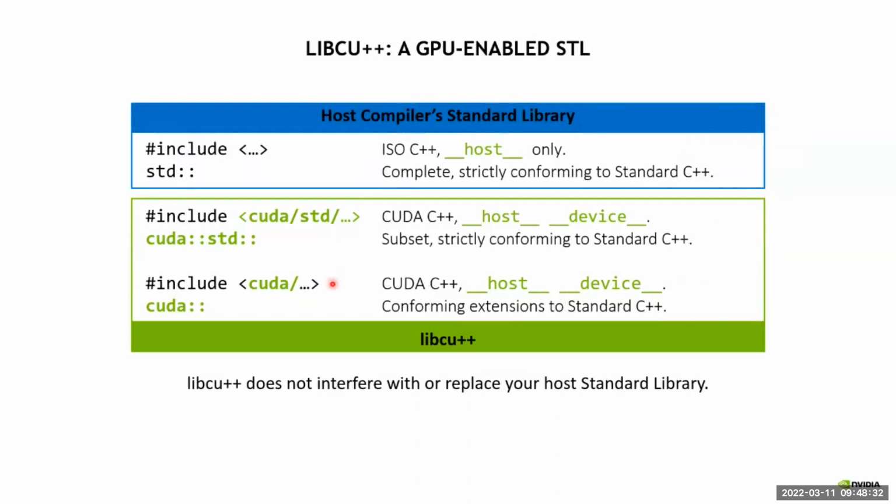And there are two ways you can use it. There's the strictly conforming version where you have cuda::std:: and then whatever feature you want. Or some of them, and particularly some of the atomics, have some extensions that are not strictly conforming to the C++ standard. You can access those with just the cuda namespace. And what's great about libcu++ is it doesn't interfere with or replace your standard library. It's simply there for you to use on the GPU.